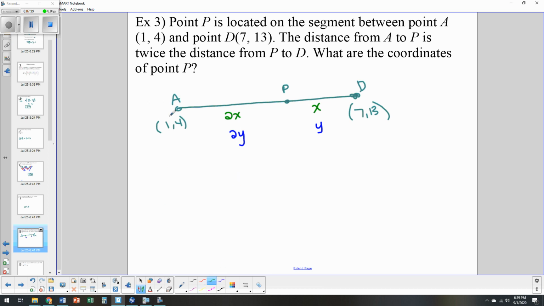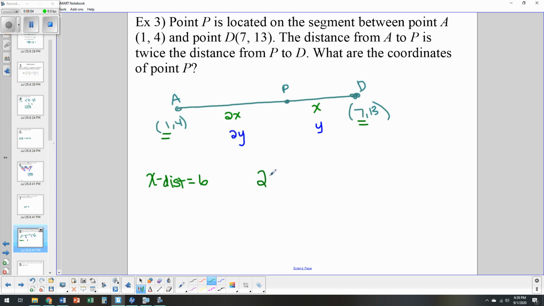So now I'm going to look at the actual endpoints. I started at an x of 1, and I ended at an x of 7. So total distance traveled on the x-axis is 6. So my x distance is 6. And I know that that 6 is really made up of 2x and x.